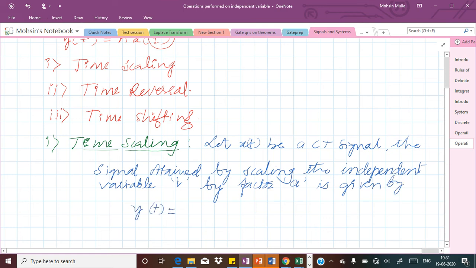So that scaled version of the input signal x of t is now given by y of t, and y of t represents x of at, where a is the scaling factor.